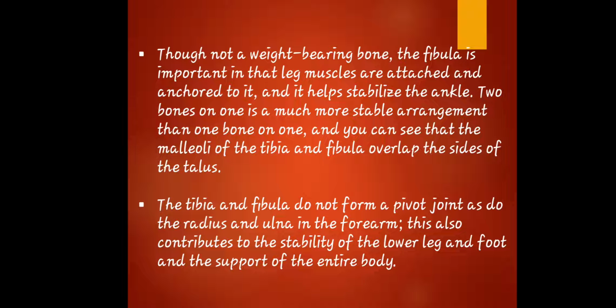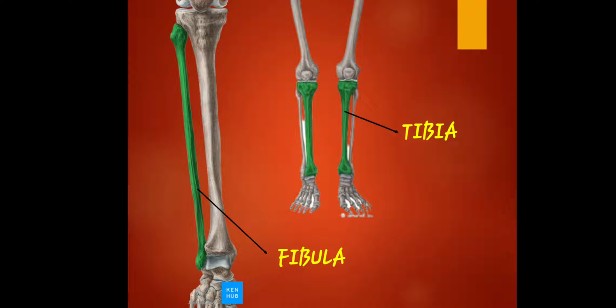So that is tibia and fibula. Always remember that the difference between the two is that the tibia is a larger bone inside, while the fibula is a smaller bone outside. Okay? Next.